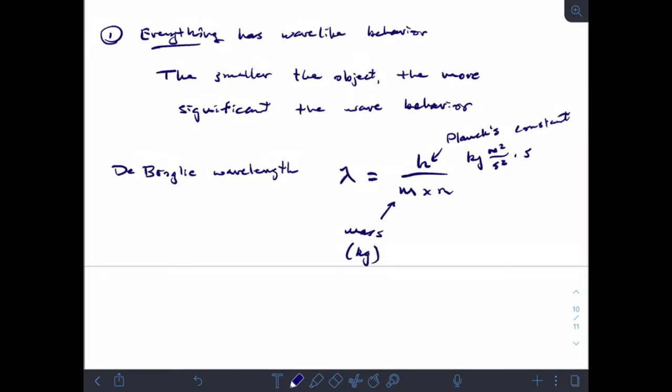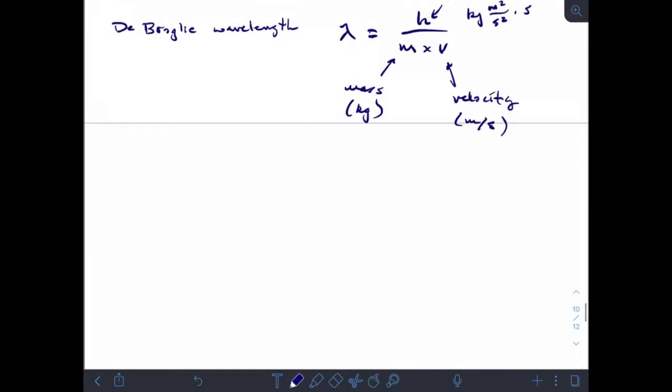Okay? And I'm sorry, that's not m times n. That should be m times velocity. My bad. And the velocity will be in meters per second. All right, so let's do a couple of examples and see how things are different depending on their size.